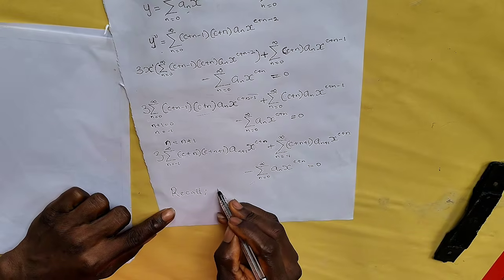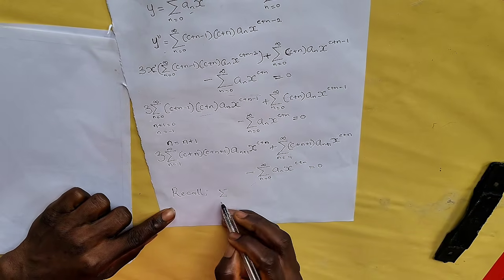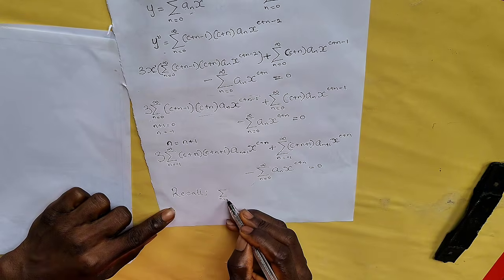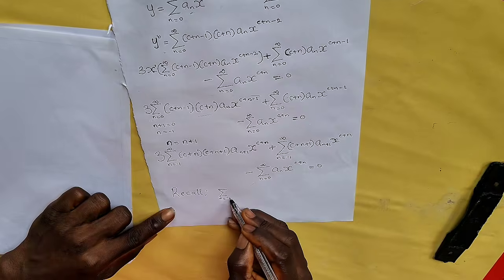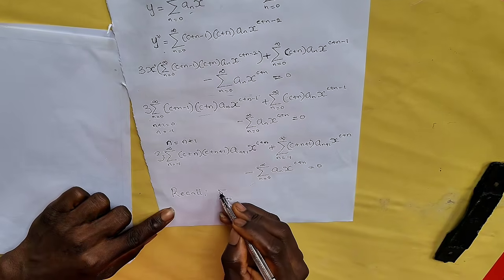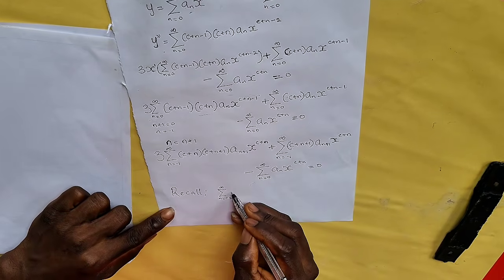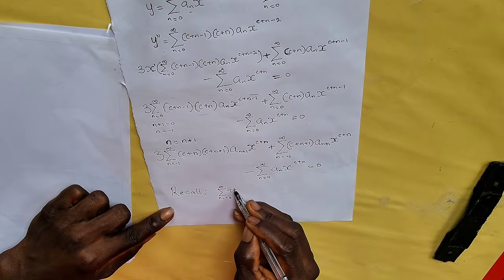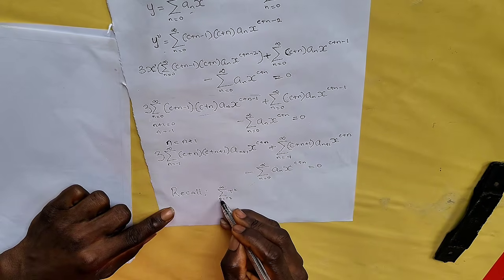When we have something like, from your mathematics, when we have the summation from n equals minus 2 to infinity of, let's say, something like t raised to power 2, okay? Or let me use t here.